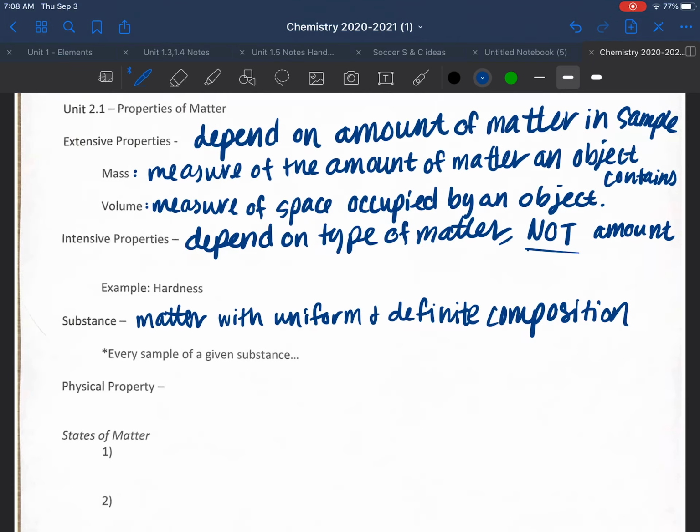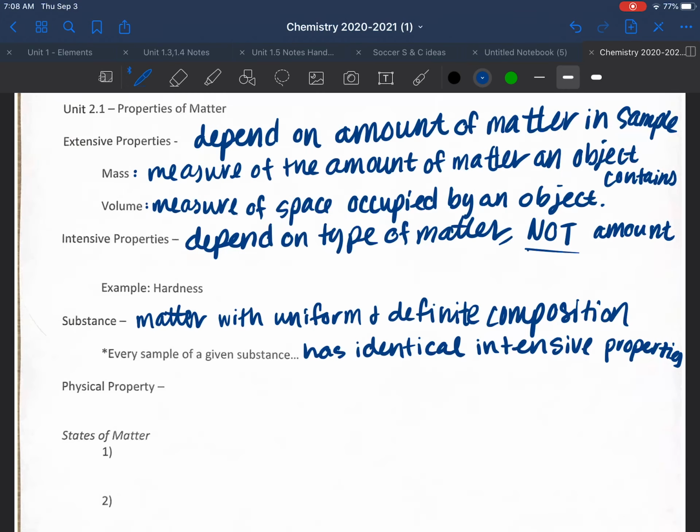And so this little asterisk here, this is a key concept, and that is every sample of a given substance has identical intensive properties. This has to do with the fact that every sample has the same composition. So if intensive properties depend on the composition, then every sample of a given substance should have the same intensive properties.